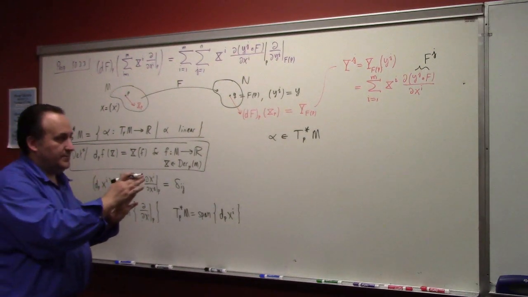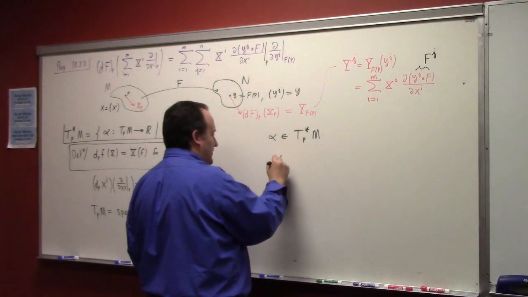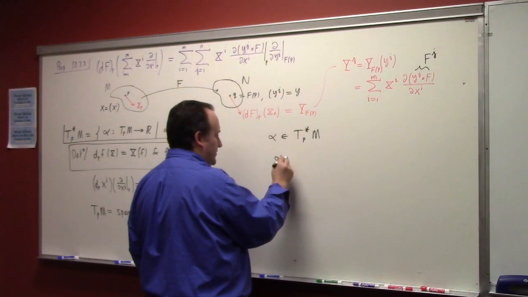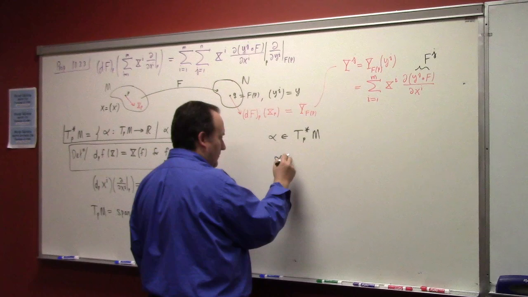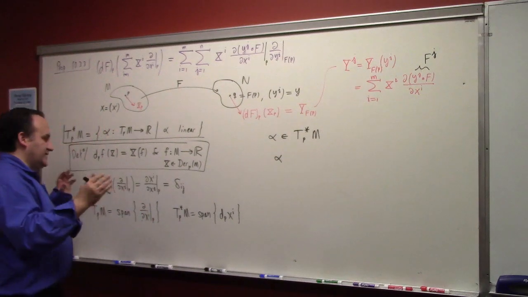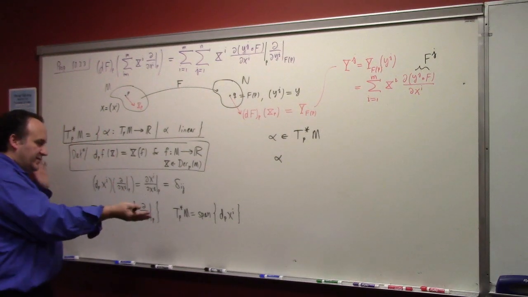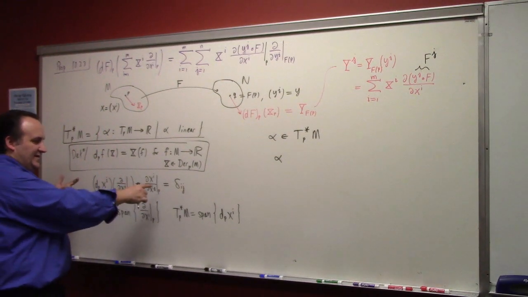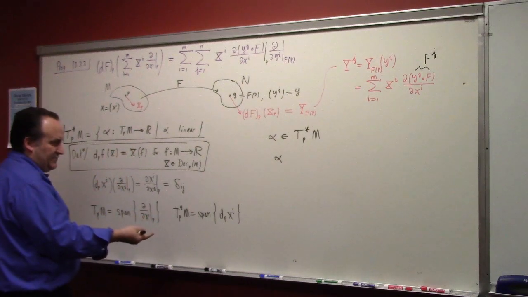But anyway, here we believe that this can be written, so let's try it out. From the general linear algebra that we've done before, we've already proved that if it satisfies this condition, it is a basis for the dual space.